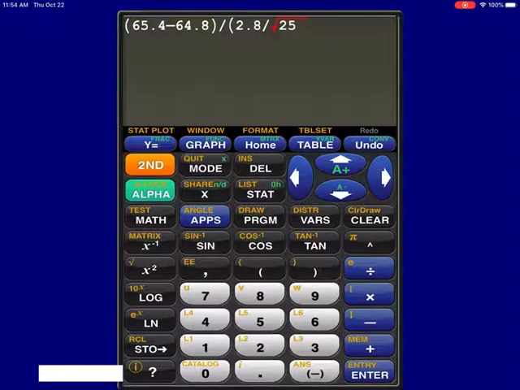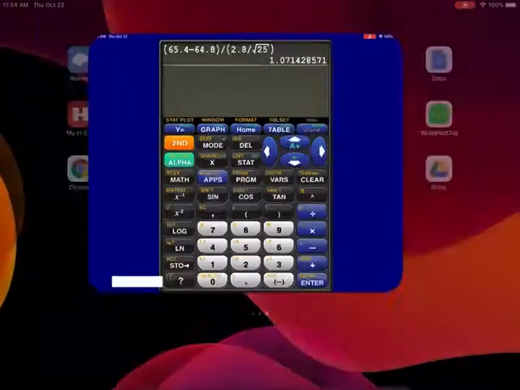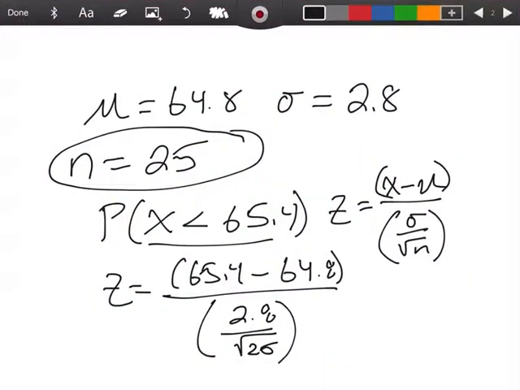I need to get out of that little part there, so I'm going to hit my little right arrow, close off my parentheses, hit enter. Look at the z-value that I'm coming up with now. Remember, I'm going to go to 2 decimal places on my z-value. I'm coming up with 1.07. So my z-value is 1.07. So now we're looking for the probability that z is going to be less than 1.07.